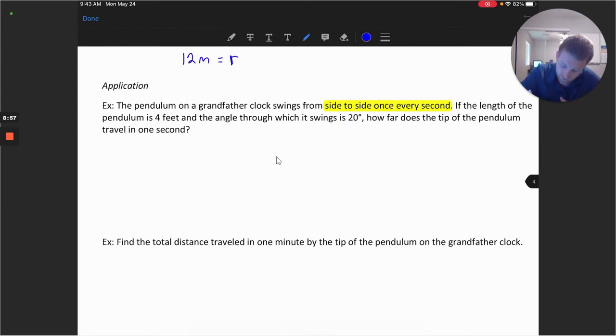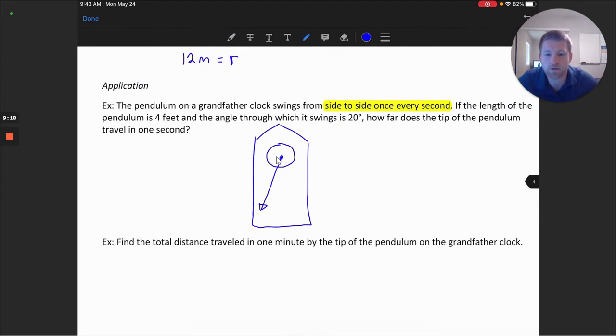Let's just consider if we had a clock here, and we'll have a pendulum coming down from this clock, and I'll go from side to side here. Maybe it's on the full left side. We've got a pendulum here, and we know it's going to be swinging from side to side in 1 second.